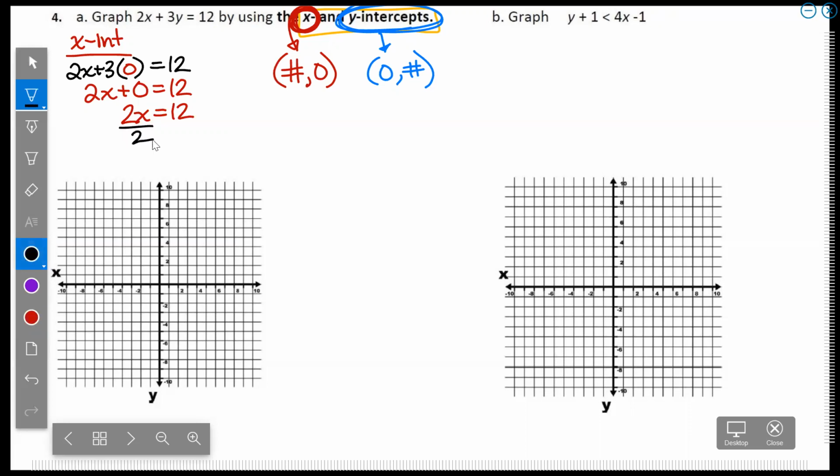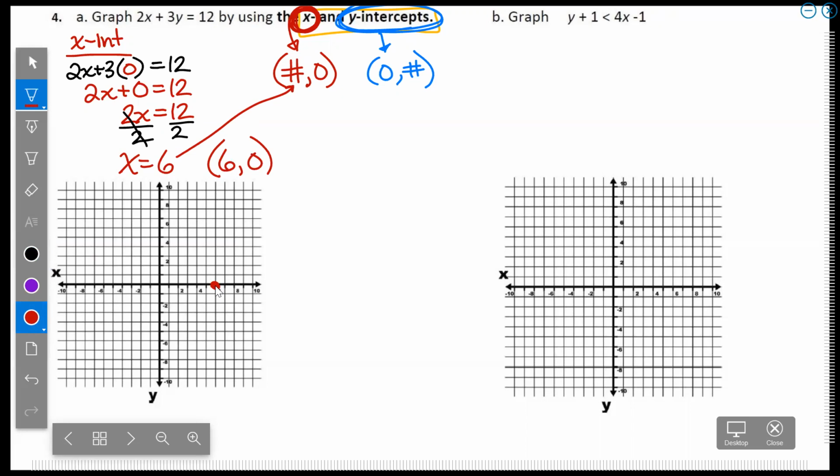Divide both sides by 2. I get that x is 6. So that's the number that goes in right here. I want an ordered pair at 6, 0. So I put my dot down.